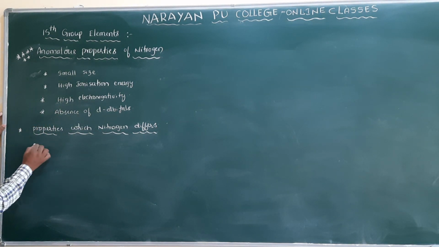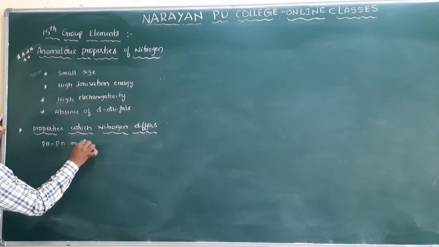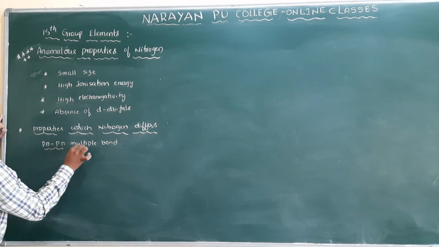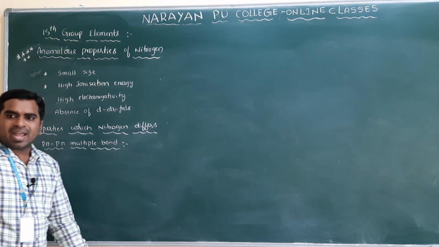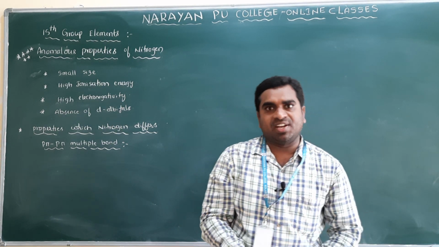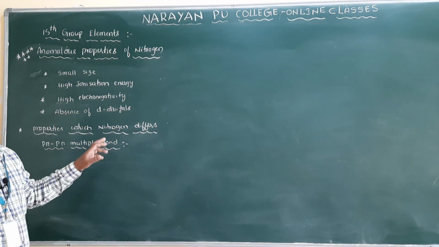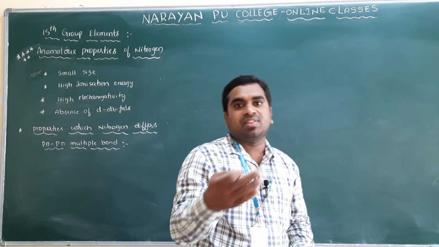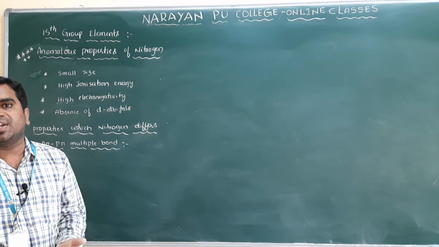The first property here is p pi multiple bond. Here p pi means pi bonds, multiple bonds. Nitrogen, because of its small size and high electronegativity, can form p pi multiple bonds, that is pi bonds, with itself or with small size atoms and highly electronegative atoms.